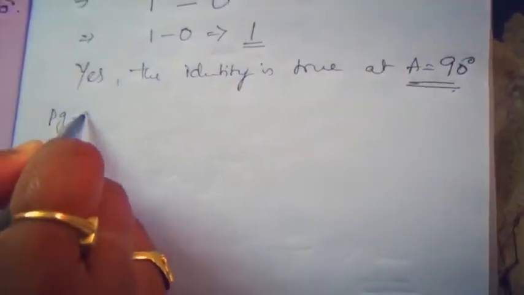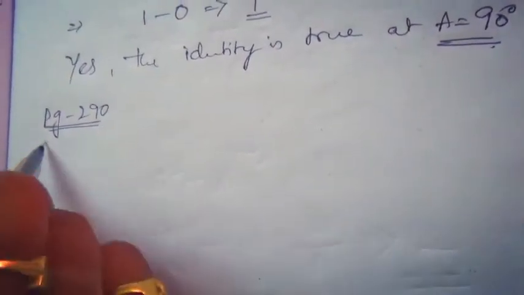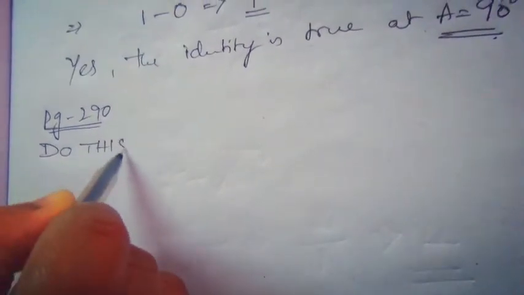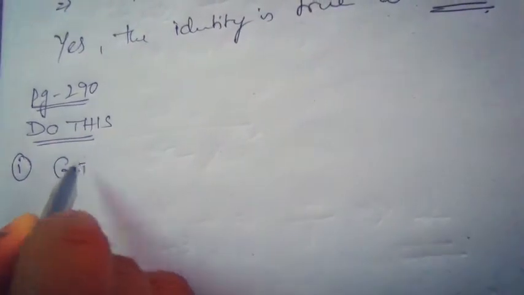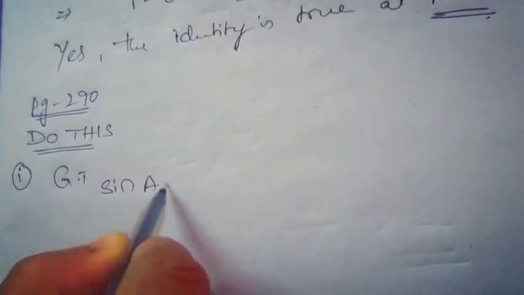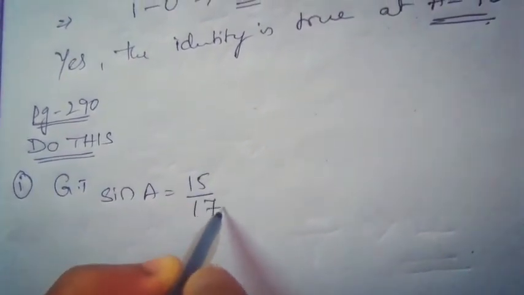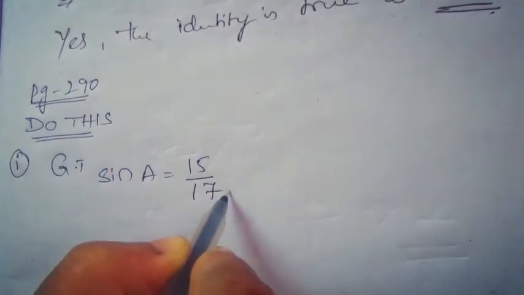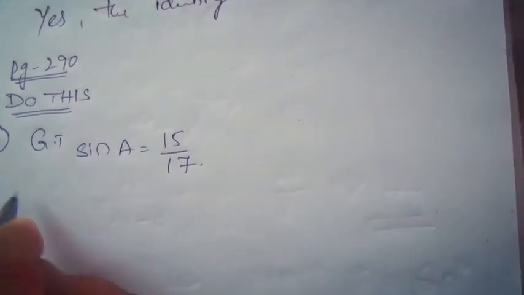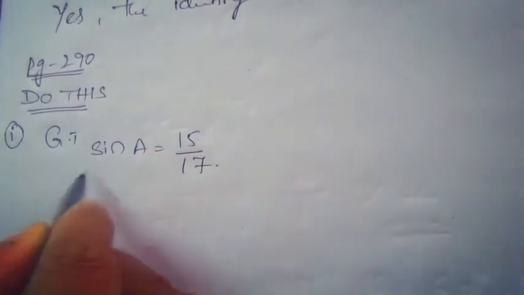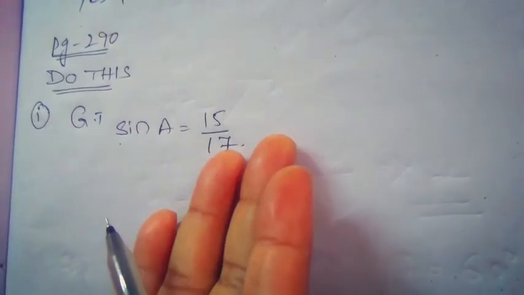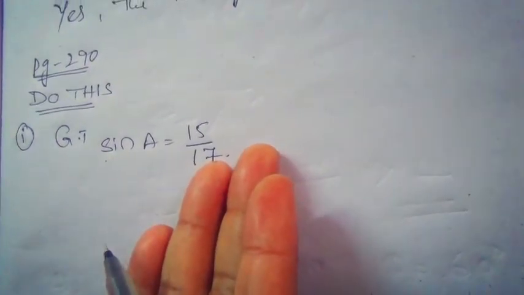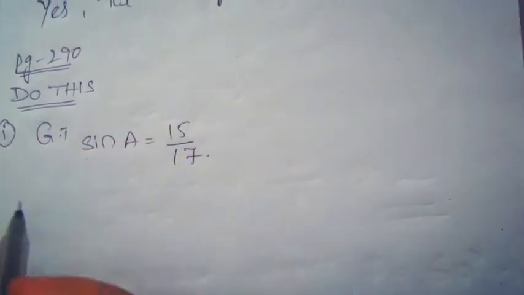So the first one, on page number 290. In the first sum, given that sin A is equal to 15 by 17, we have to find cos A. What is the identity which relates sin and cos?